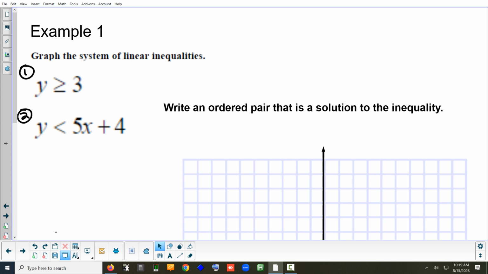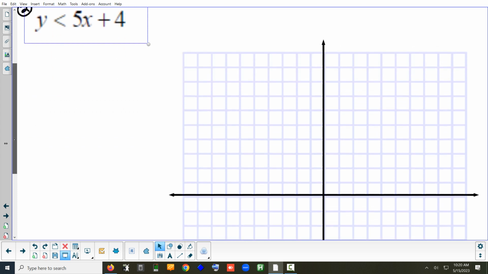Yeah, it's going to be a horizontal, and they tell you what number to put it at. What number are we going to put our horizontal line at? Yeah, 3. So we're going to put a horizontal line at 3, but before I draw it, I need to decide if it's going to be a solid line or a dot. Yep. It has the equal to, so it's going to be a solid horizontal line at 3.